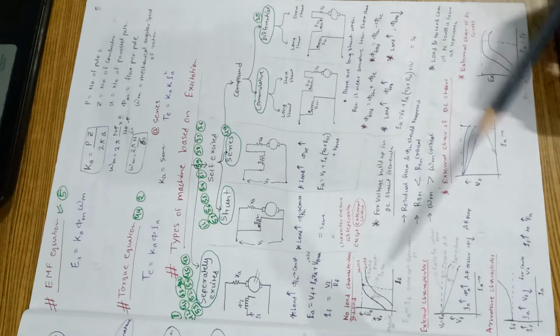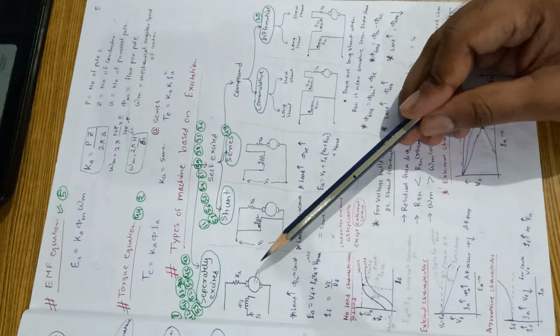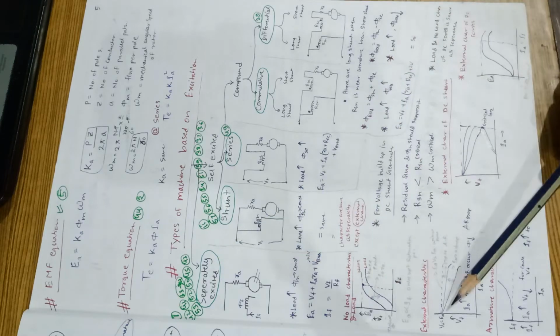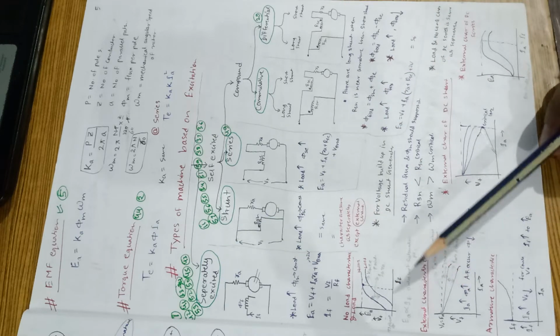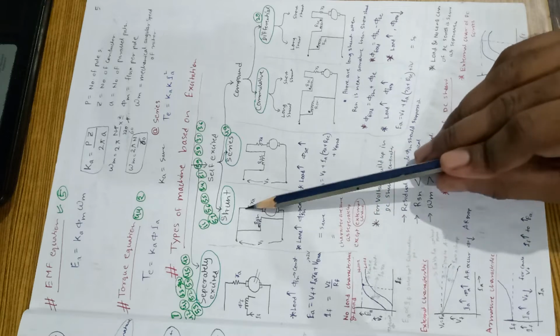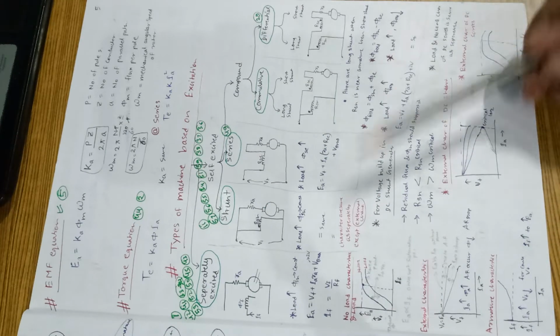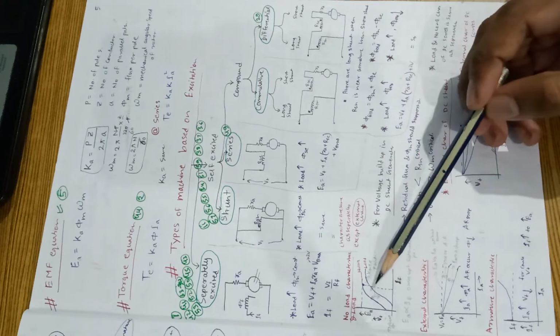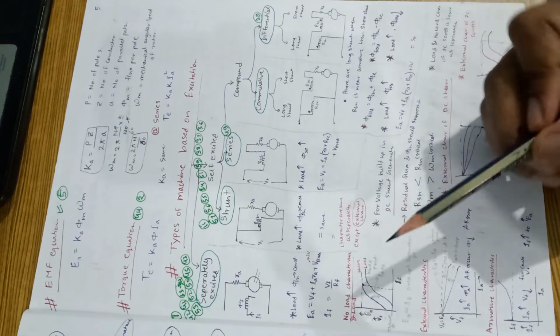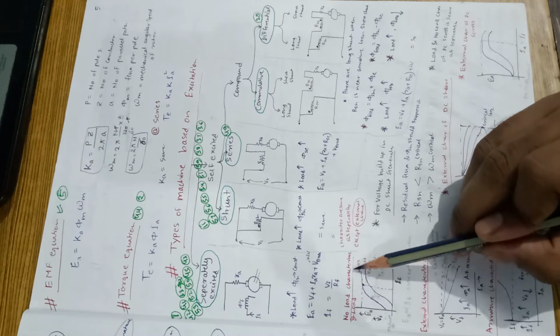So let us study one by one. Let us study all the characteristics for the separately excited machine; we will say they are the same for shunt, series and compound, except the external characteristic.